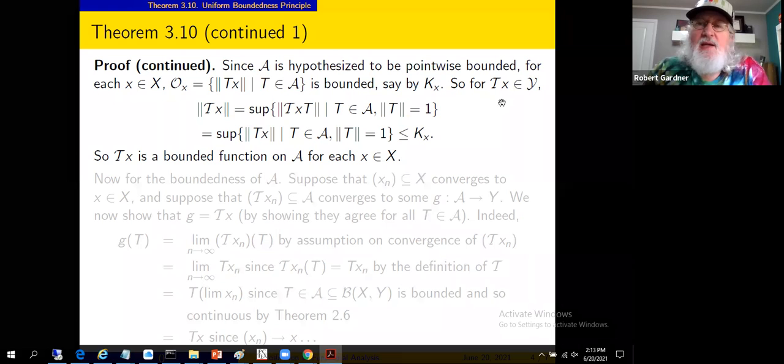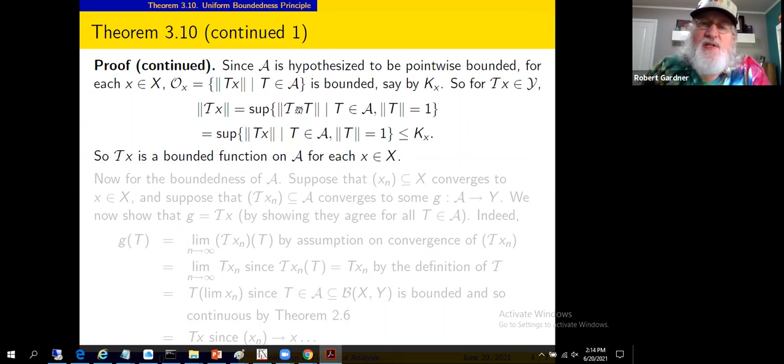So if we take calligraphy T of x in the direct product, calligraphy Y, the norm of calligraphy T of x would be, well, let's see, this takes in capital T's, transformations in set calligraphy A. So the definition of the sup norm would be the supremum of this thing acting on an input.